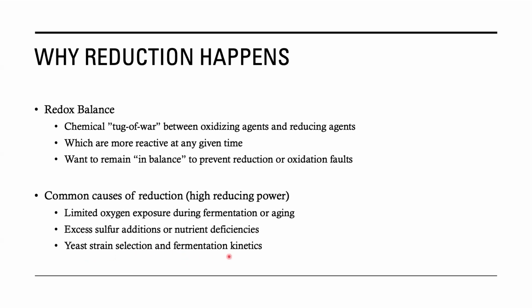And then fermentation kinetics. We don't want ferments to get too slow because that's exactly when you start to smell H2S, when they are struggling. The yeast are struggling and they slow down. Or on the opposite side, if they go too fast, there is a likelihood of some H2S production. So there's a happy medium.